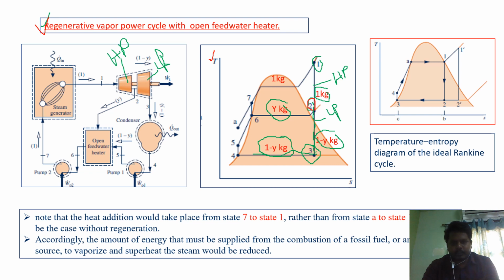So here 3 to 4 is the condensation process where the liquid gets condensed. After getting condensed at point 4, it will enter into pump P1. Here 4 to 5 is an isentropic compression process in pump P1. The function of the pump is that it raises the pressure.